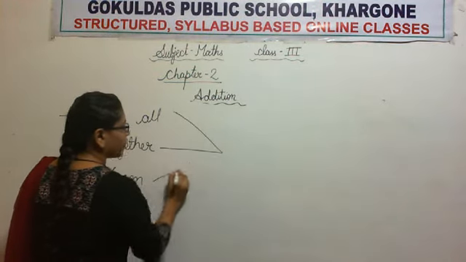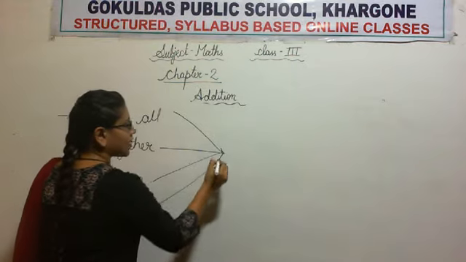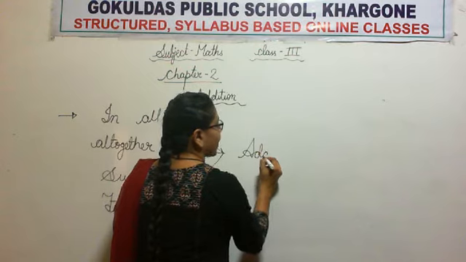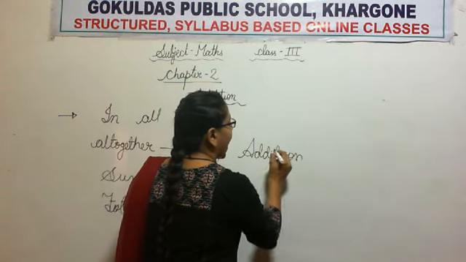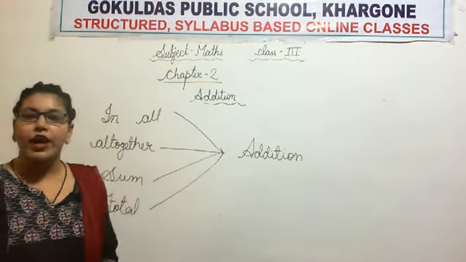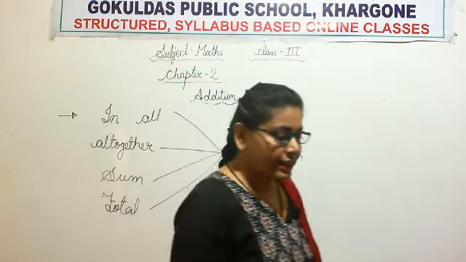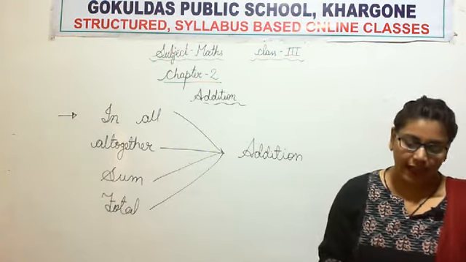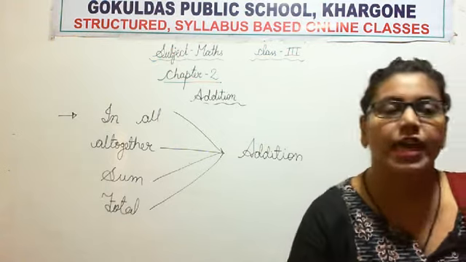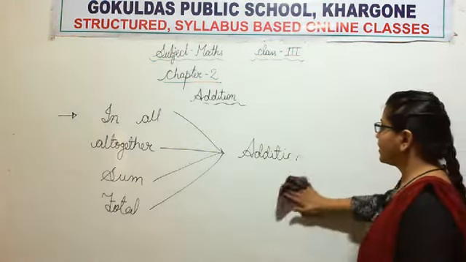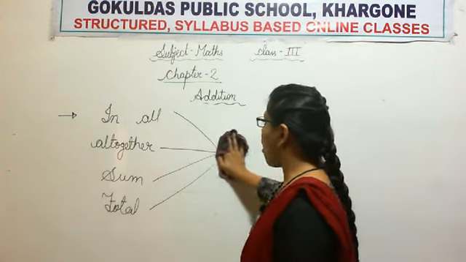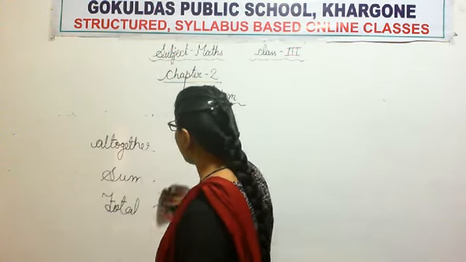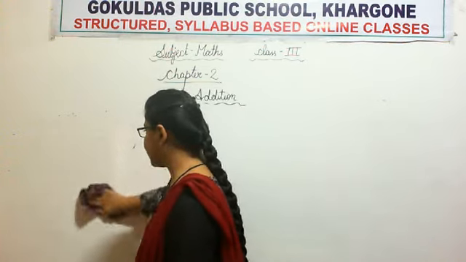What are these four terms implying? These four terms are showing addition. Whenever we see any of these terms in any word problem, we understand that we have to do addition here. These were some basics of addition, and you have learned all these things in class 2nd.